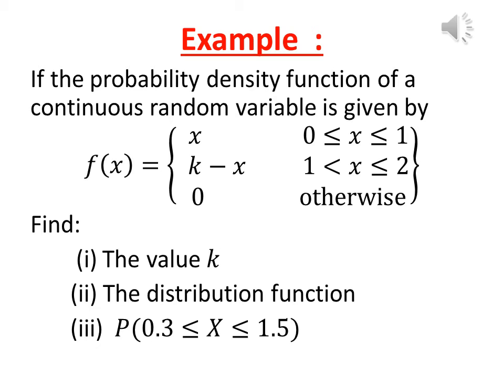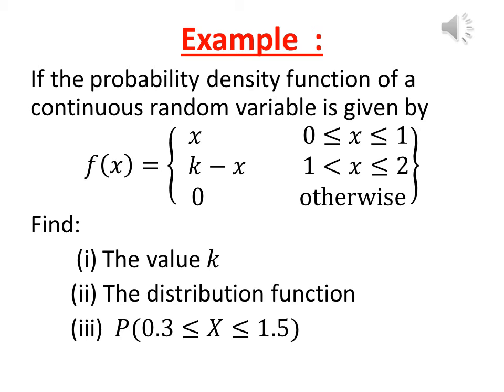What's k? K is a constant, for x from 0 to 4, and equals 0 otherwise. First thing, we want to calculate this constant k. So how to calculate? From the properties which we said in the last slide.